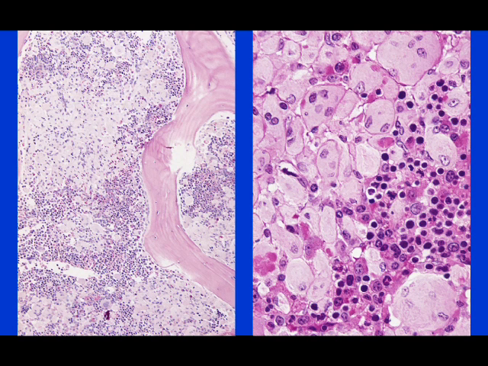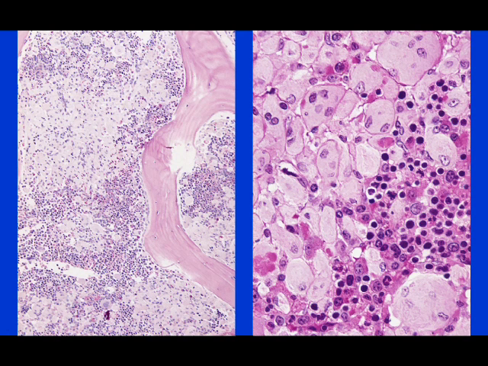We don't see in this particular case dramatic illustration of the crinkled tissue paper type appearance that is described for these cells, but we see a lot of big histiocytes encroaching on the hematopoiesis, and we still do have a lot of residual hematopoiesis here in this bone marrow.